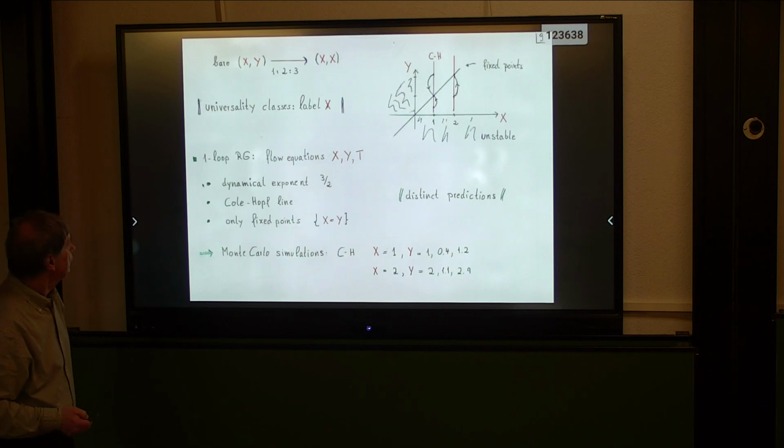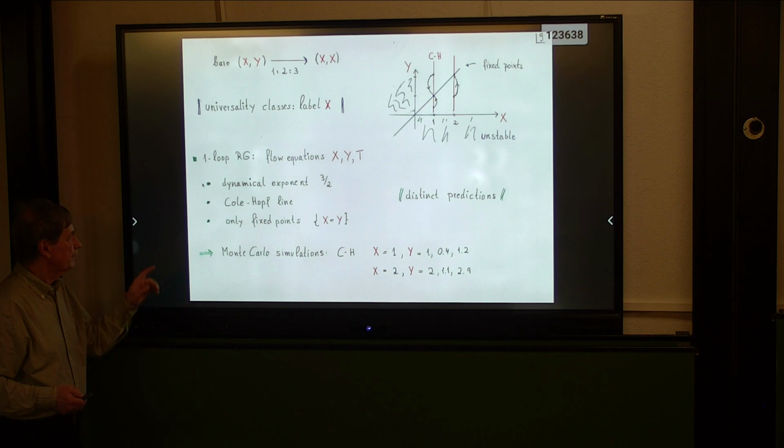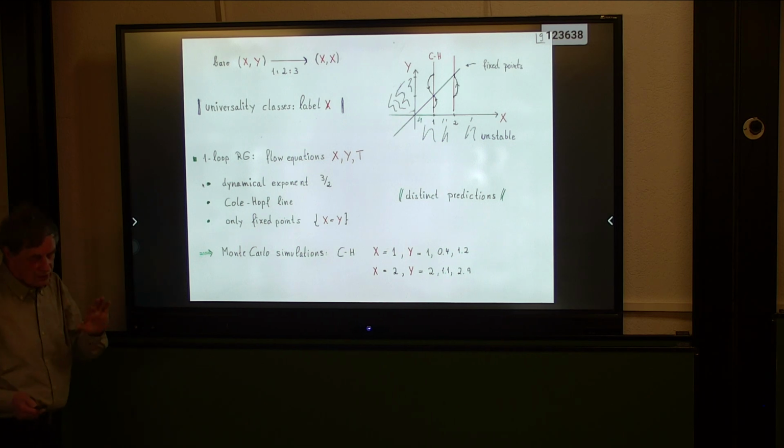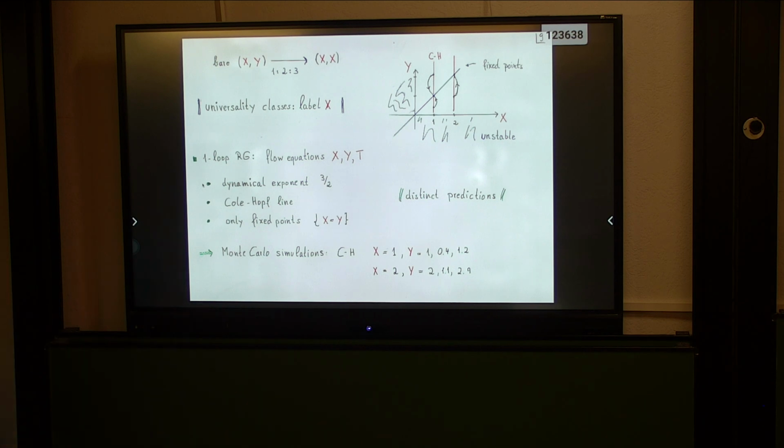Okay, so now let's see. This is again the same picture which I showed you already. This is an argument about the universality classes, but it's a rough argument, and the only way we can see whether we made some unjustified approximations or overlooked things is to run some Monte Carlo simulations.